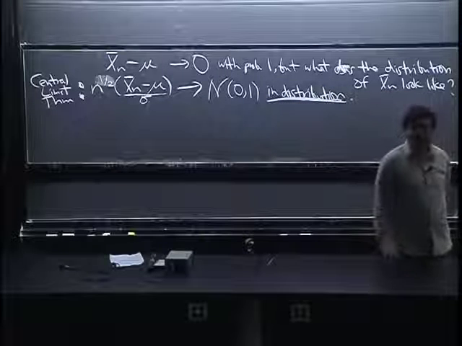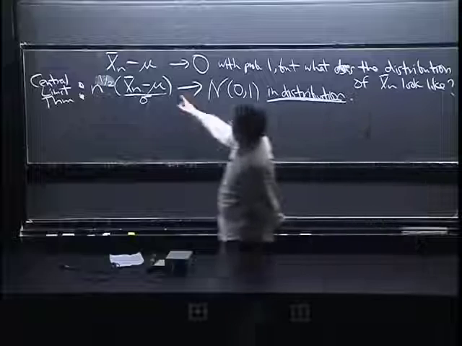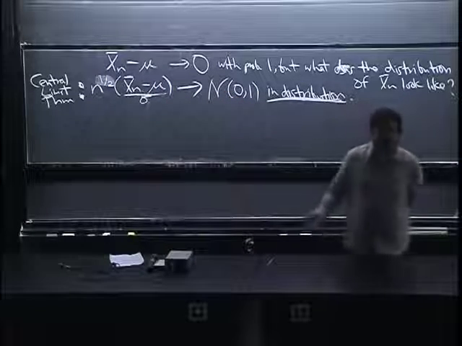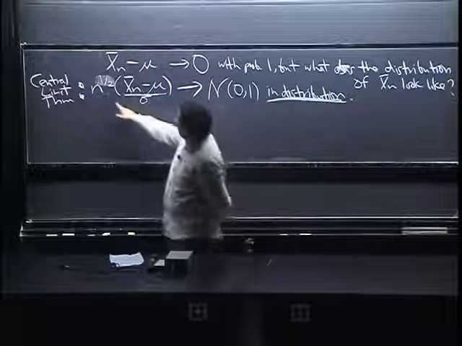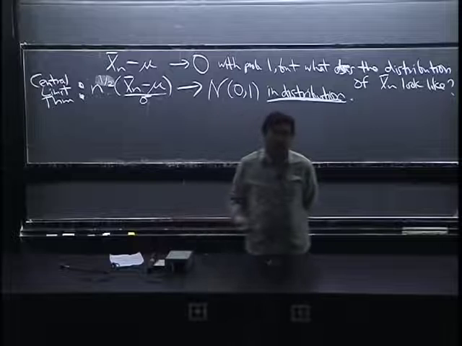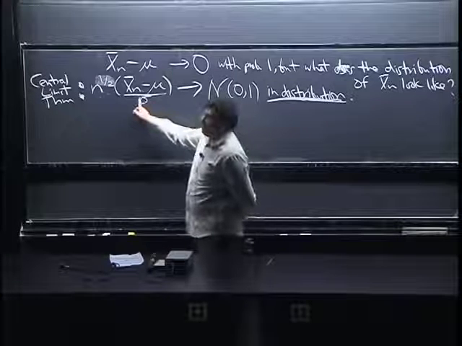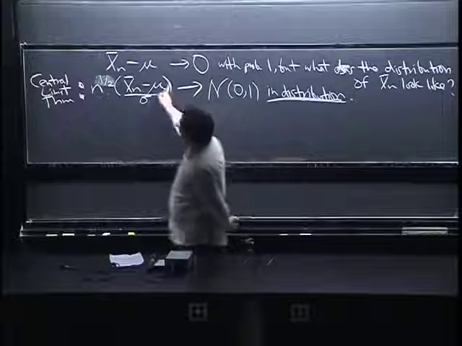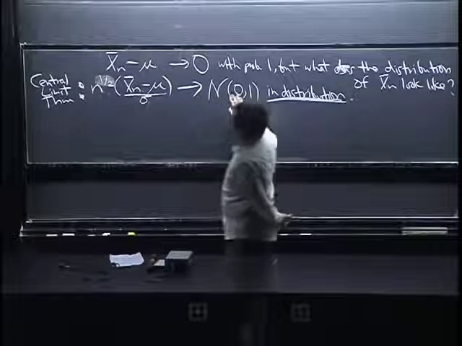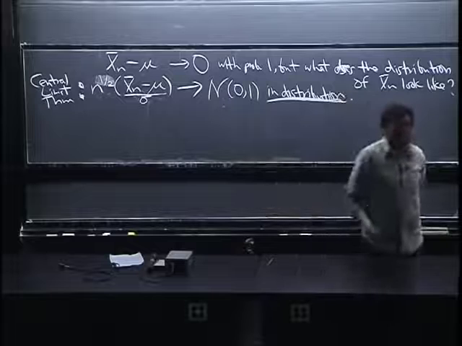By convergence in distribution, what we mean is that the distribution of this converges to the standard normal distribution. In other words, you could take the CDF. These may be discrete or continuous, or a mixture, so it doesn't necessarily have a PDF. But every random variable has a CDF, so it says the CDF of this is going to converge to capital Phi, the standard normal.